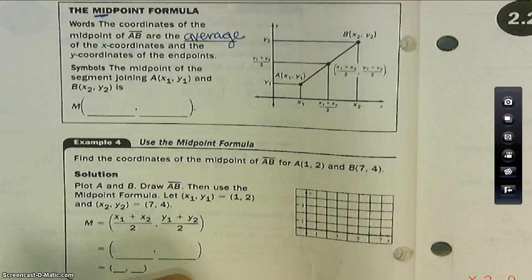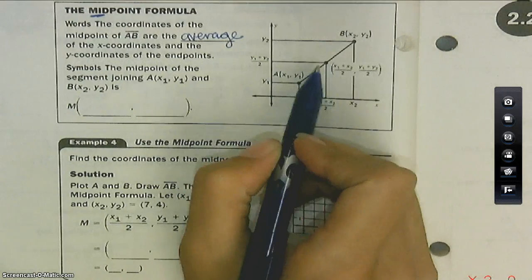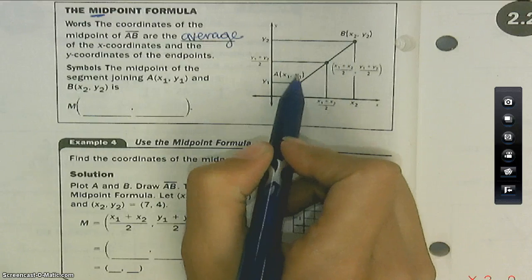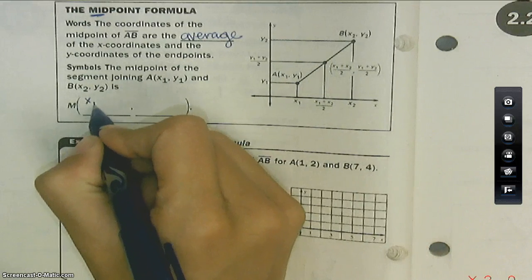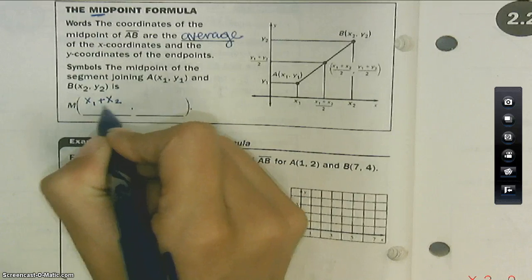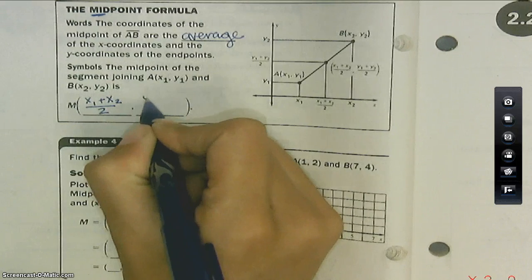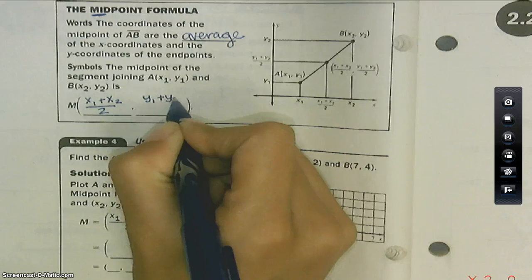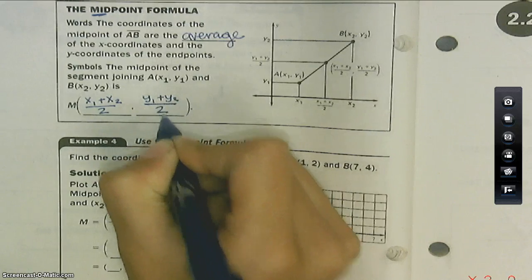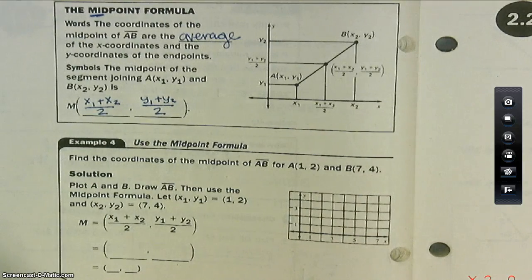That's the same kind of thing we're going to do here. To find the middle of a line segment, we're going to average the x's together and average the y's together. That's your midpoint formula. And I'll show you what I mean.